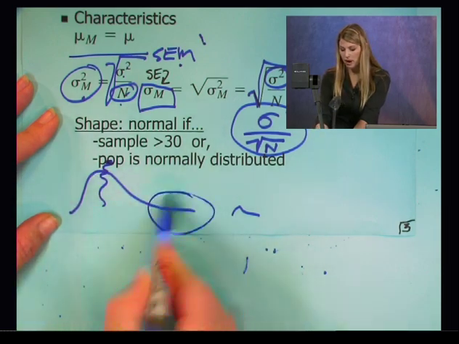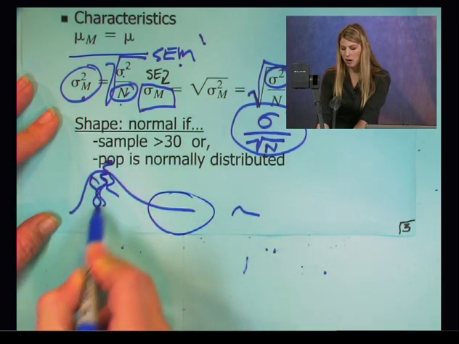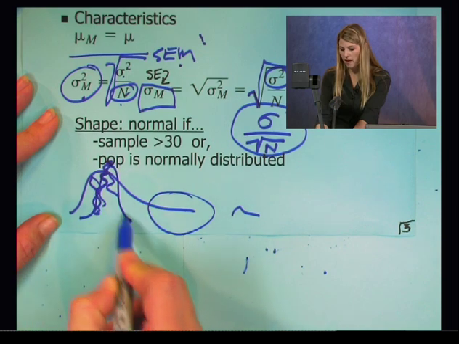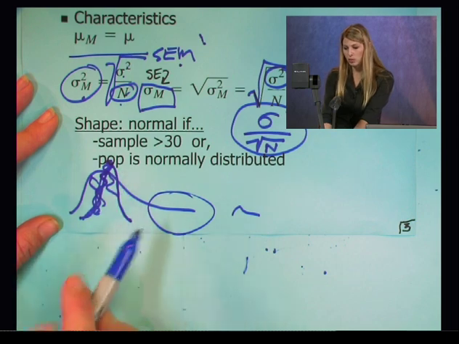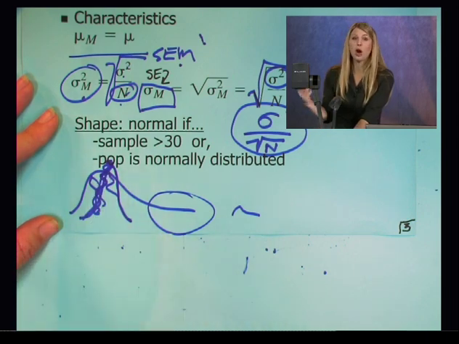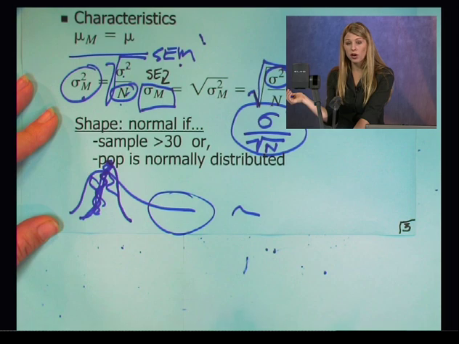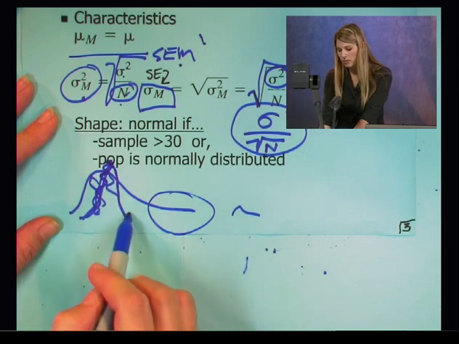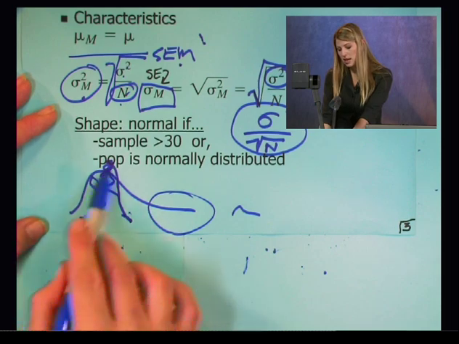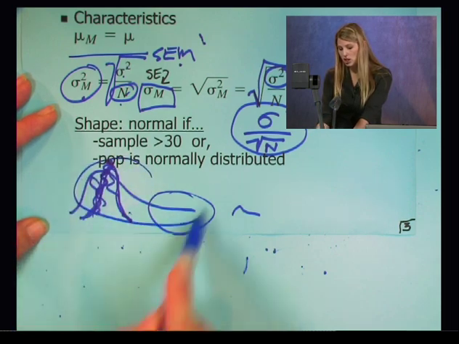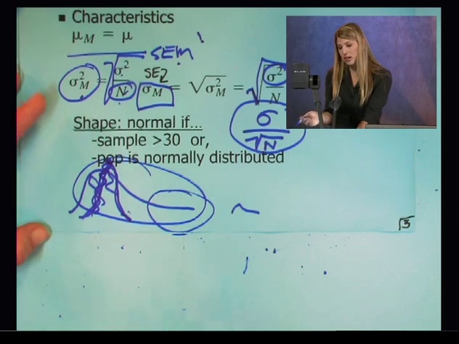You're not going to end up out in this tail. You're going to be stuck around here. And so your curve is going to look something like this. This is the curve of the distribution of all possible means at a large sample size over 30. So the central limit theorem is that the distribution of means will become normal, even if the population is not normal, as long as your sample size is over 30.